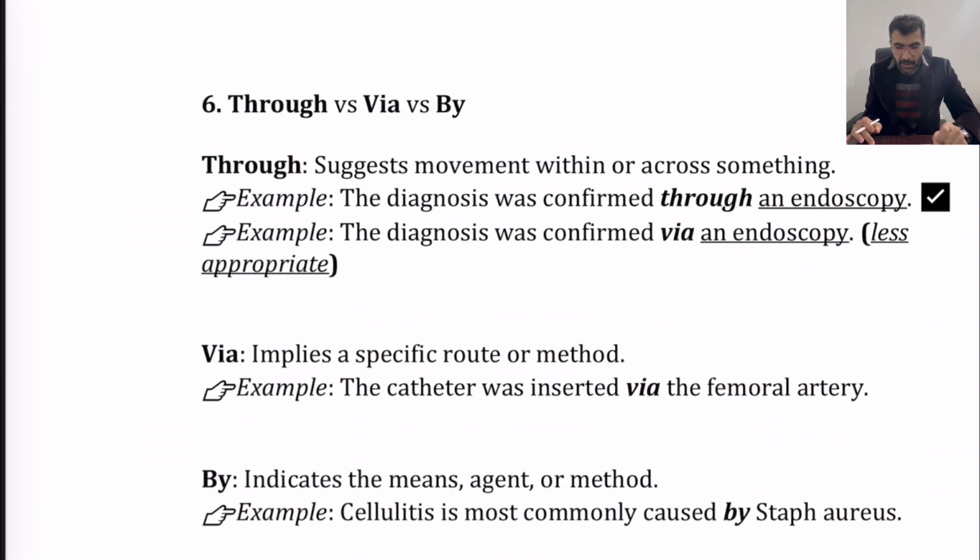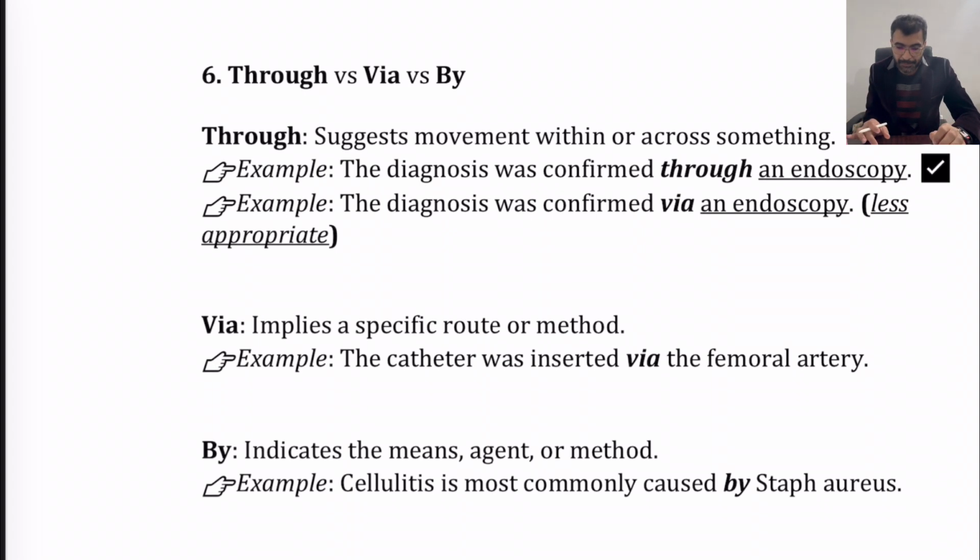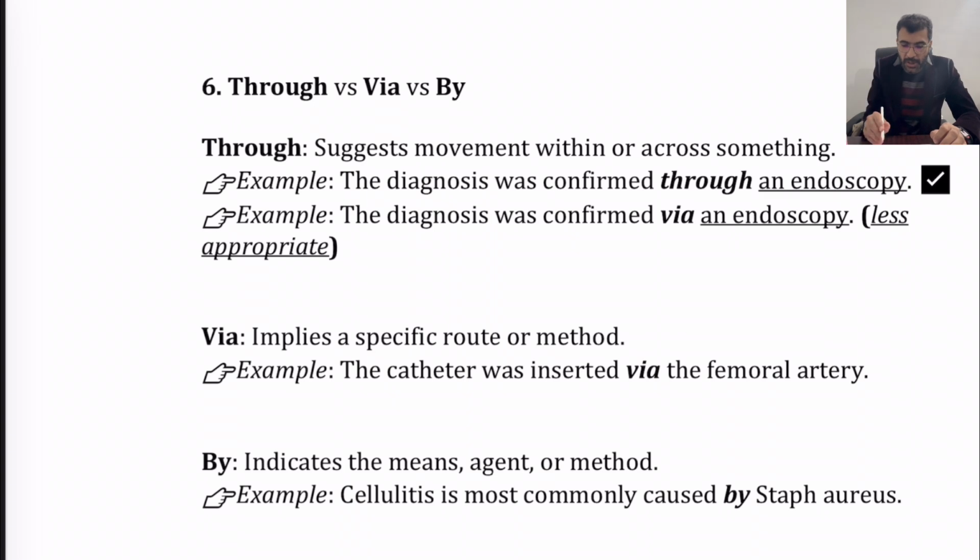The sixth one is the difference between through, via, and by. Through suggests movement within or across something. The diagnosis was confirmed through an endoscopy. We could write via an endoscopy, but via normally shows the route, so it is inappropriate here.